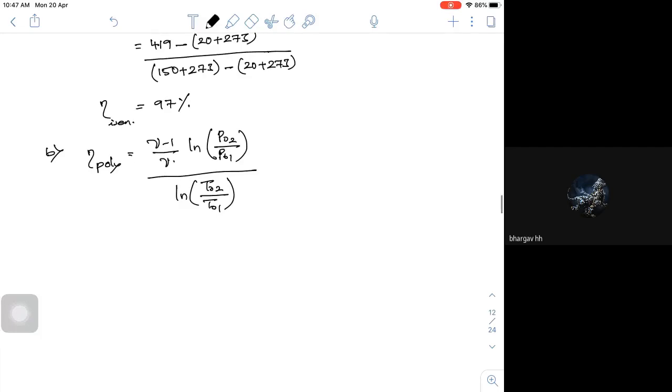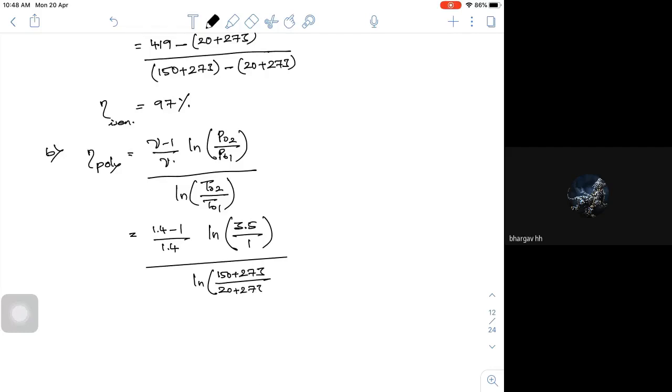So if I substitute everything, 1.4 minus 1 divided by 1.4 into ln of your P02 is 3.5 divided by 1 whole thing divided by ln of, this is 150 plus 273 divided by 20 plus 273.